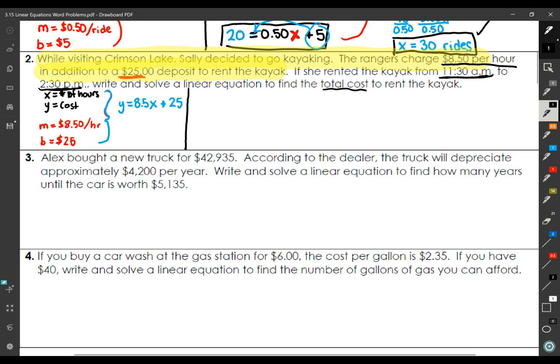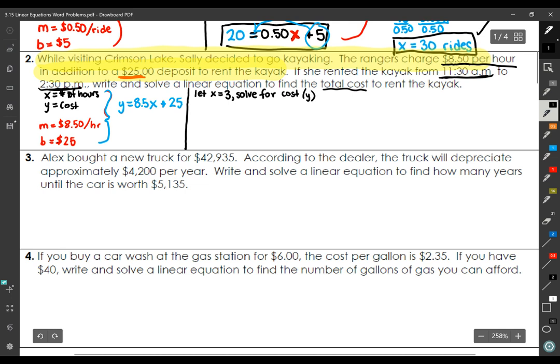What we are given is the number of hours she's kayaking. So if she kayaks from 11:30 in the morning to 2:30 p.m., that means she's kayaked for 3 hours. So we're going to let x equal 3, and then we're going to solve for the cost, which is our y.